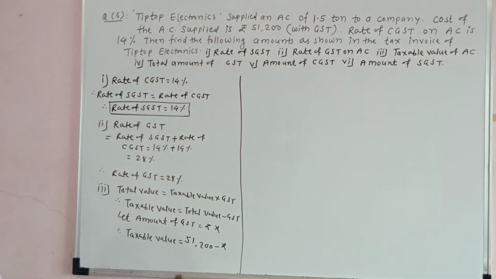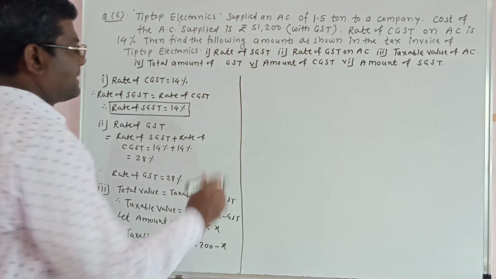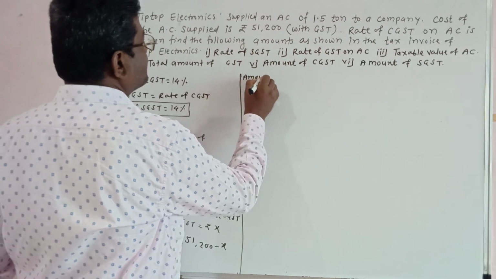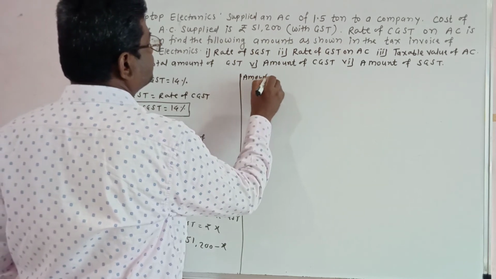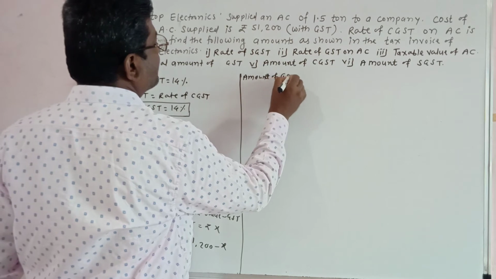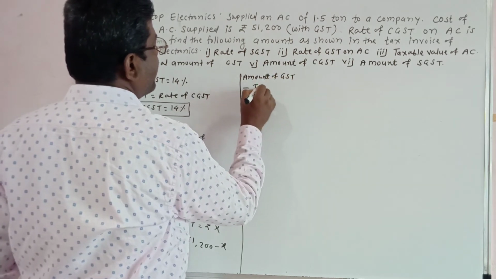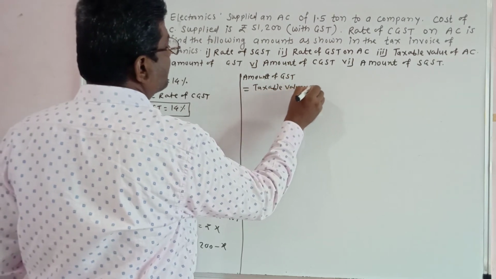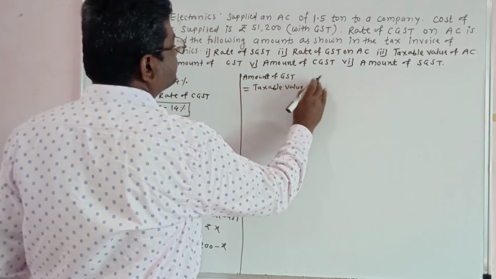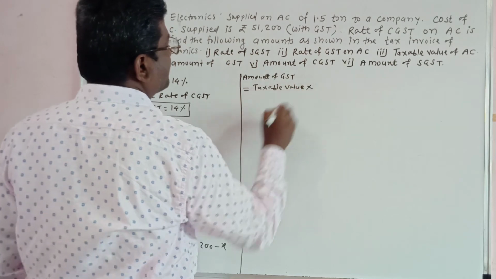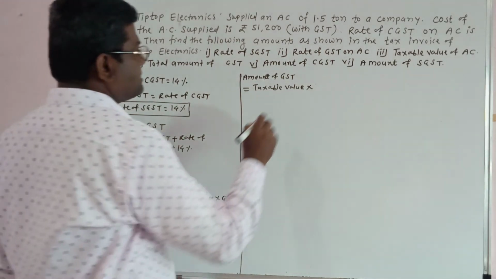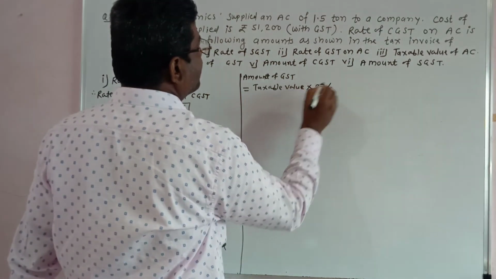Now we have to find the amount of GST. Therefore, the amount of GST is equal to taxable value into the rate of GST, which is 28%.